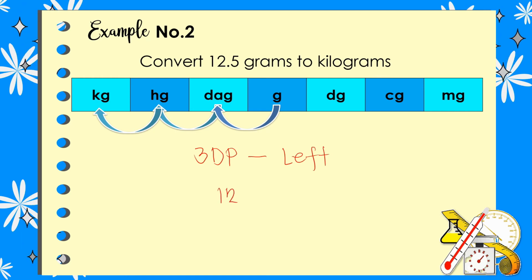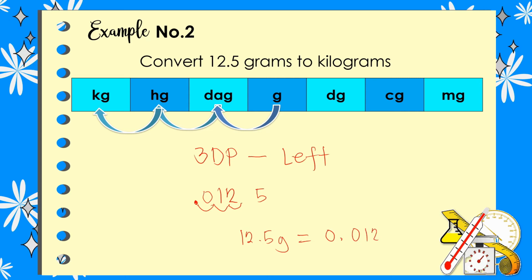So, write natin yung ating given which is 12.5 at mag-move tayo ng tatlo. 1, 2, 3. So, napunta dito yung ating decimal point. So, maglalagay tayo ulit ng placeholder which is 0. So, when you convert 12.5 grams papunta sa kilogram, that is equivalent to 0.0125 kilogram.